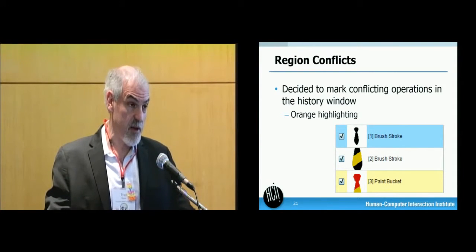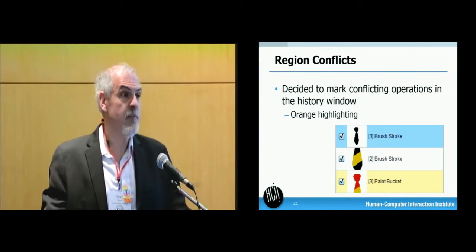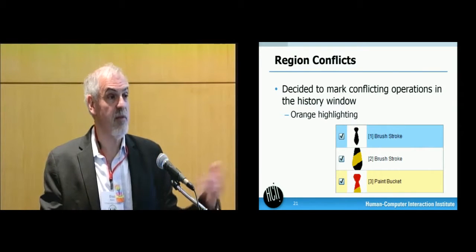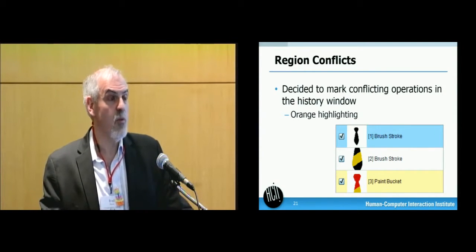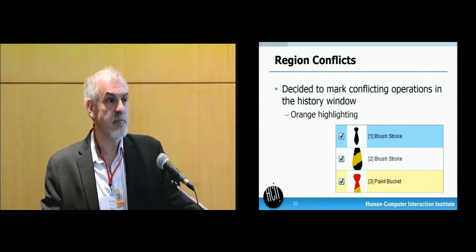And the system can't really read the user's mind about what they wanted to happen. So we thought this was a good intermediate step to just warn them, like you said, that this is a conflict. Thank you very much.